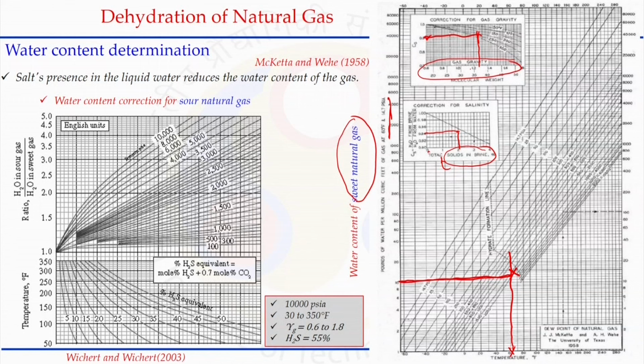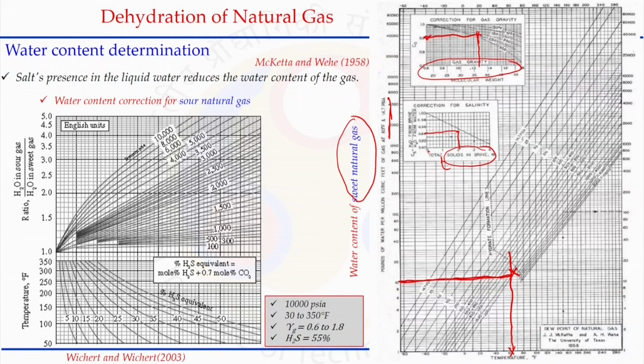This is the correction factor that represents the H2O in the brine solution when salt is present, relative to the H2O in pure or mineral water, meaning water which does not have significant salt concentration in it. By doing this we can calculate the water content of the sweet gas.